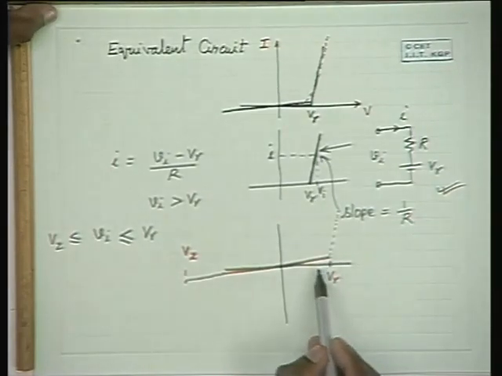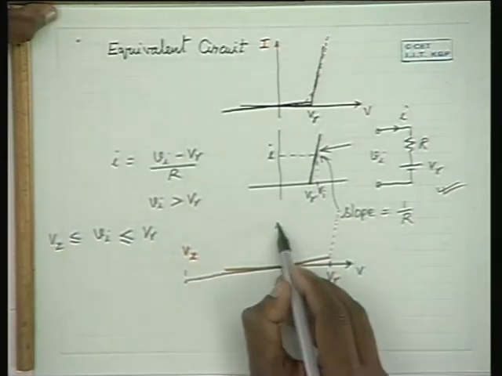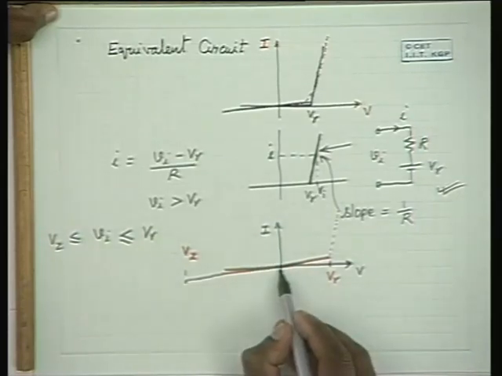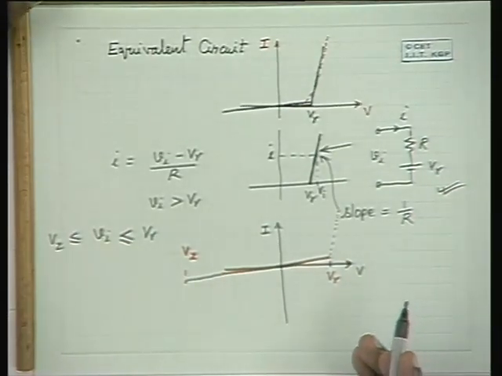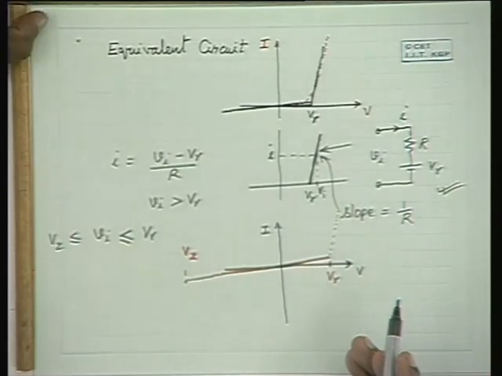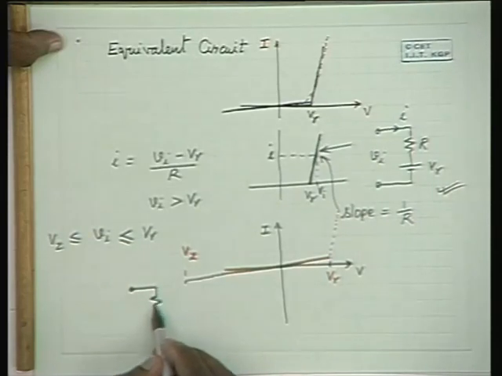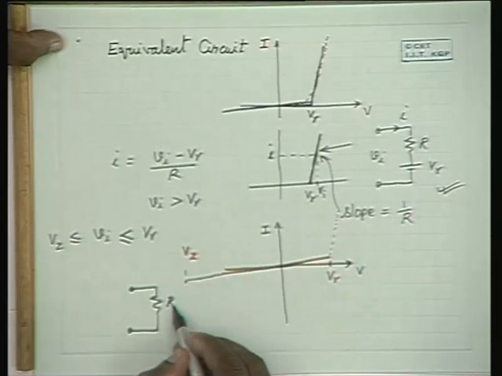So it is a straight line equation between voltage and current passing through the origin. What kind of circuit element gives you this kind of characteristic? Simply a resistance. So a diode can be represented by a simple resistance. And is this resistance the same as the previous resistance?